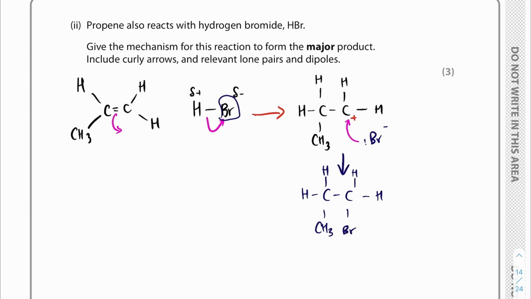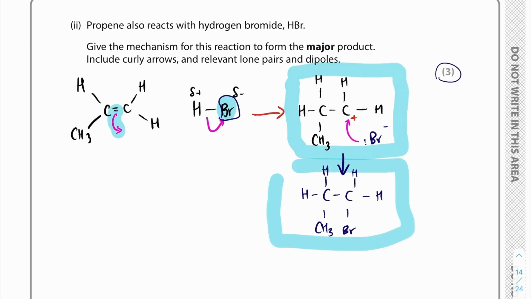So that's our major product here. This is the 3 mark thing. 1 mark for stating that this comes out, as well as this, 1 mark for the intermediate step here, and 1 mark for the major product here.